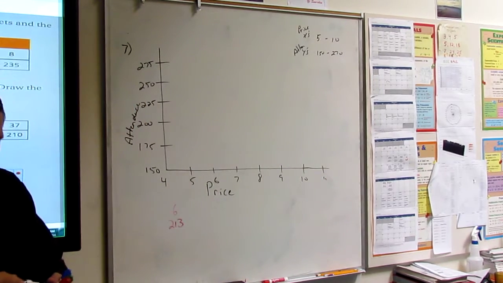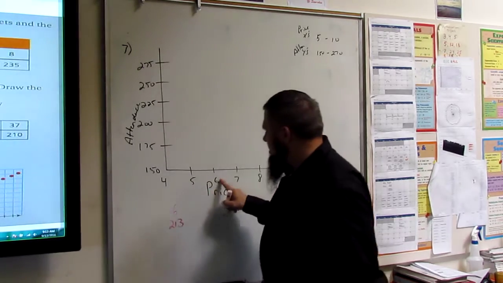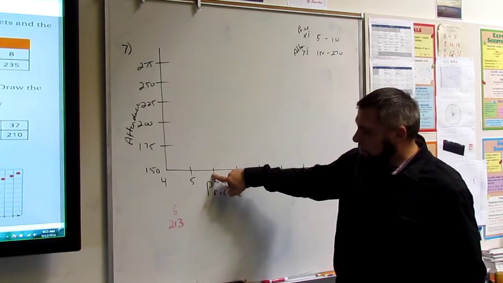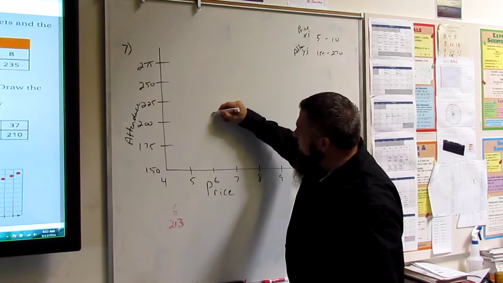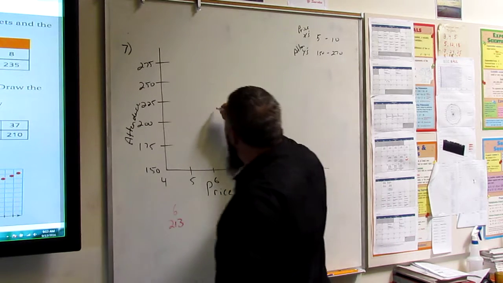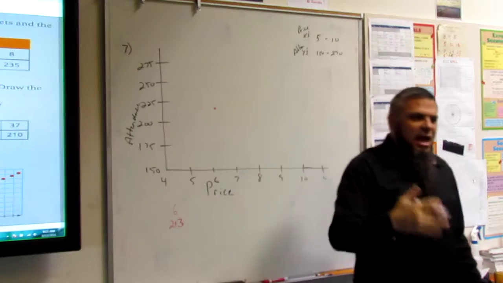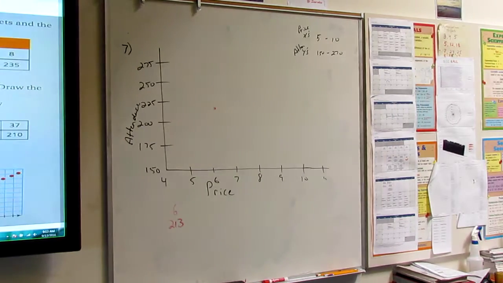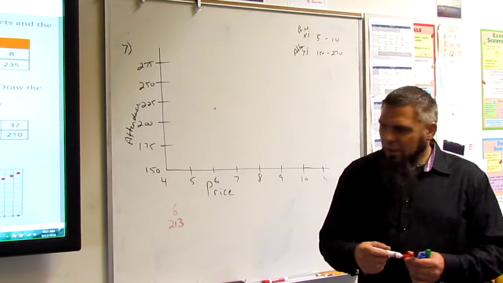So I want to go 6 in the X direction, right here. And 213, which is halfway between 200 and 225. Does that make sense?